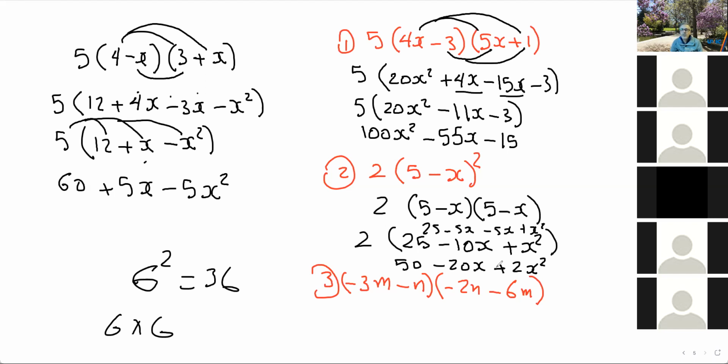Yeah. So if I have x minus 7 times squared, I could rewrite this as x minus 7 times x minus 7. And when that's the case, you could write x squared here.